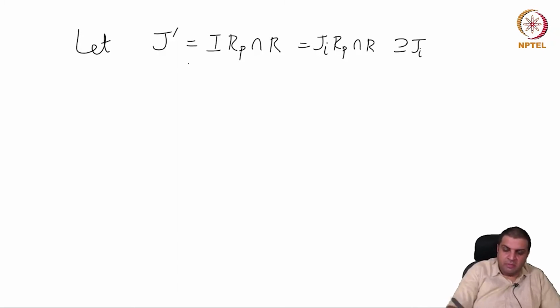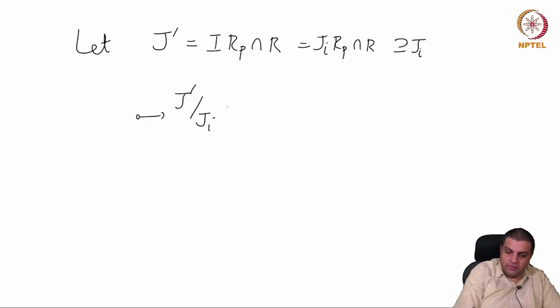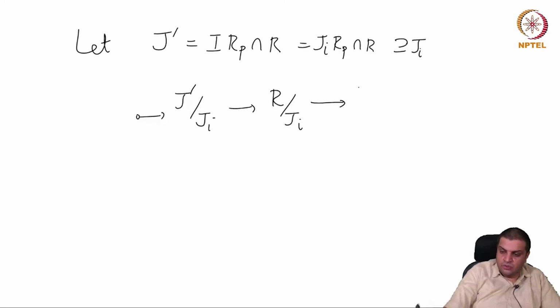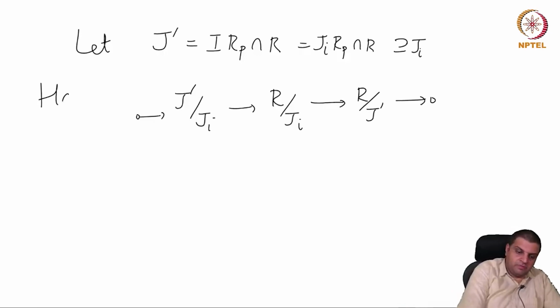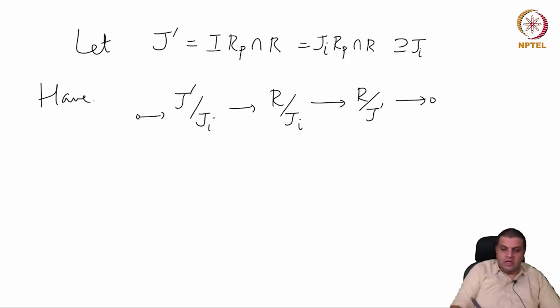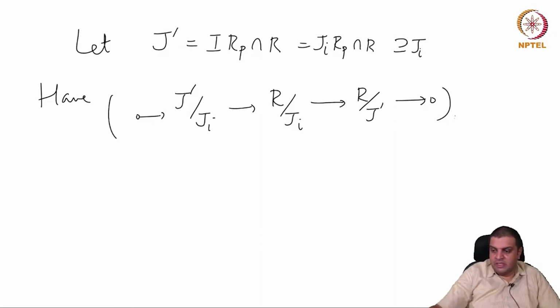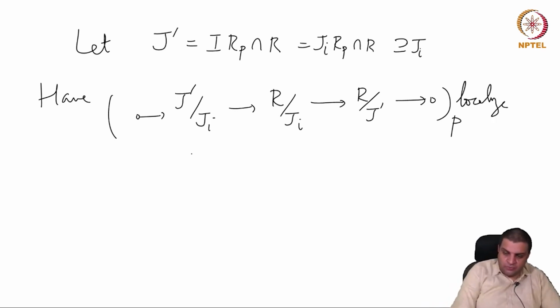J prime. So notice that we have the exact sequence: J prime over Ji to R mod Ji to R mod J prime to 0. Now localize this at P. First of all, what do we know?